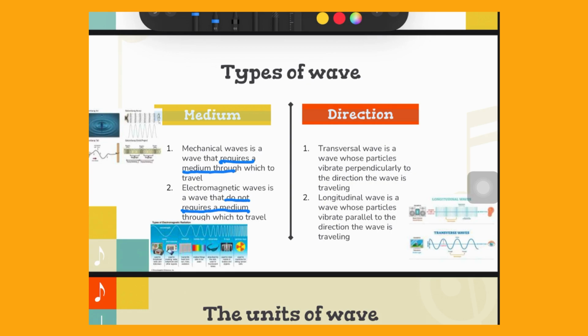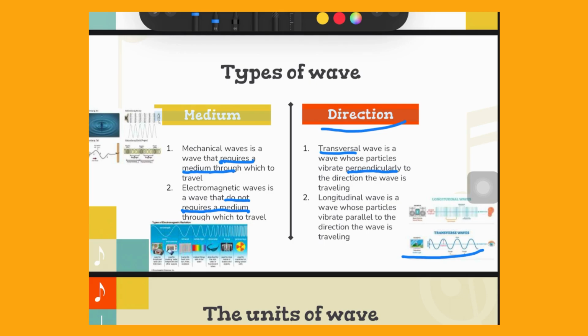And then the other type of wave according to the direction, we have two. The transverse wave is a wave whose particles vibrate perpendicularly to the direction the wave is traveling. This is the transverse wave, perpendicular.